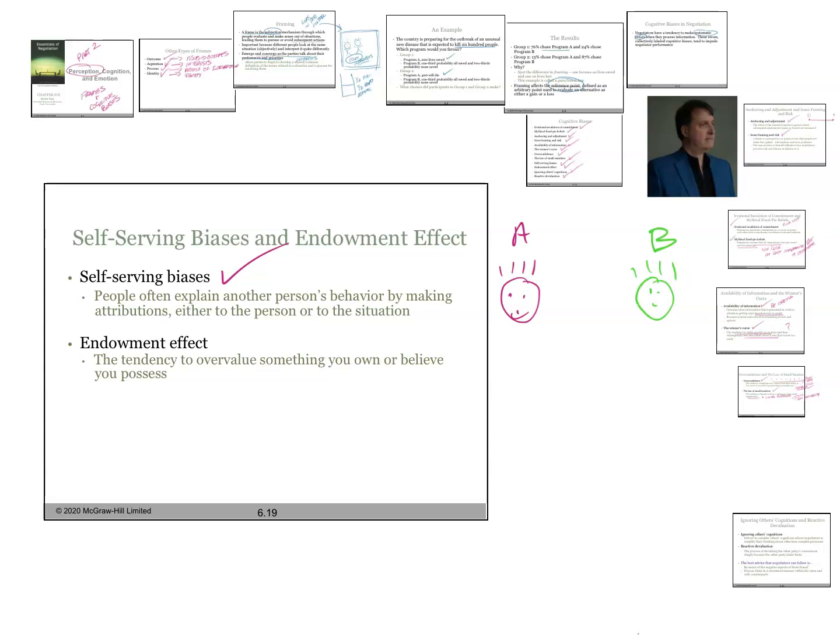Self-serving bias says, for situations that are negative, i.e. behavior that is not great, somebody being late for a meeting or something, we will conclude that the causal factors for this person's negative behavior are personal, i.e. internal. Something about their personality, their psychology, whatever it is, is the cause.